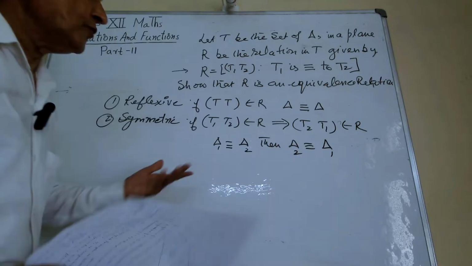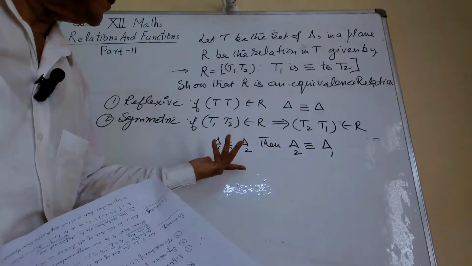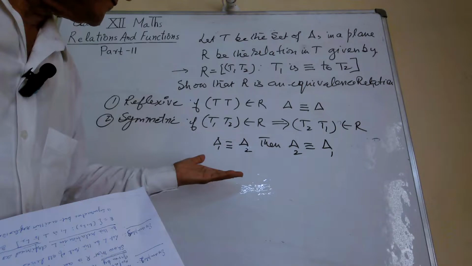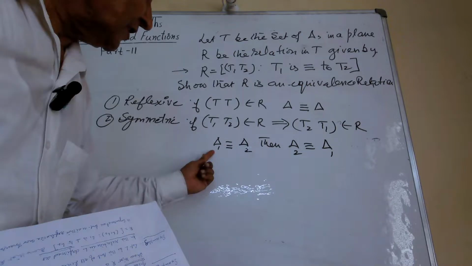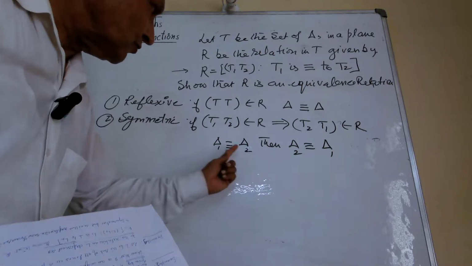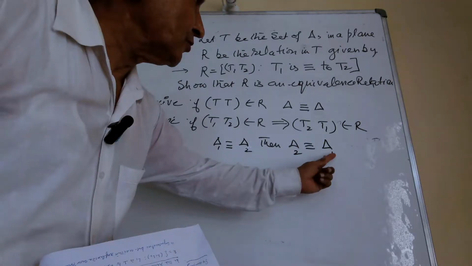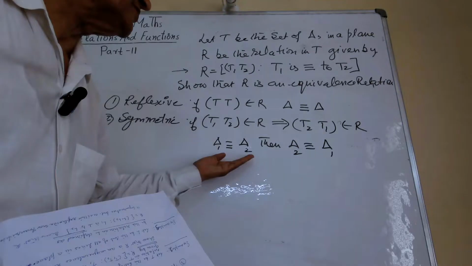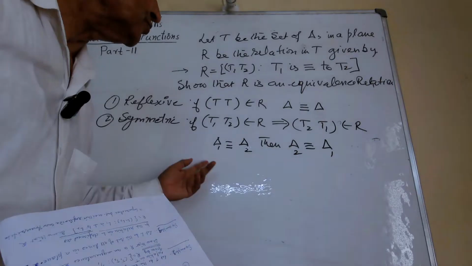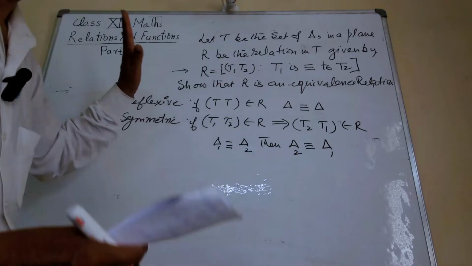There is no question of thinking here. When this triangle is congruent to this, this is congruent to this. So therefore T2 is also congruent to T1, because both are same. Hence this condition is proved. This relation is symmetric also.